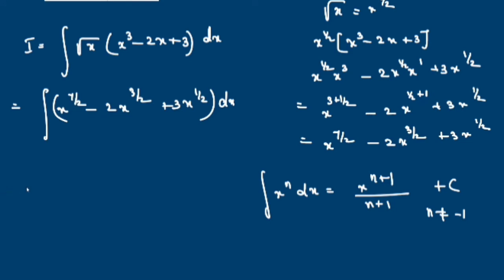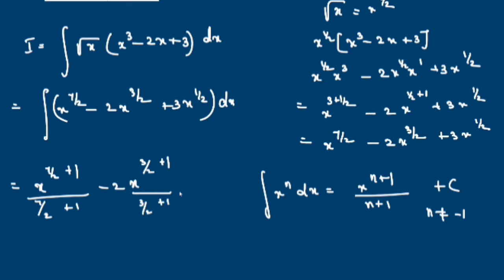So this is equal to x power n plus 1. n is 7 by 2. So x power 7 by 2 plus 1, divided by 7 by 2 plus 1, minus 2 x power 3 by 2 plus 1, by 3 by 2 plus 1, plus 3 into x power half plus 1 by half plus 1.